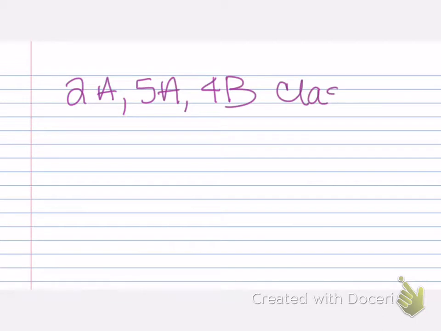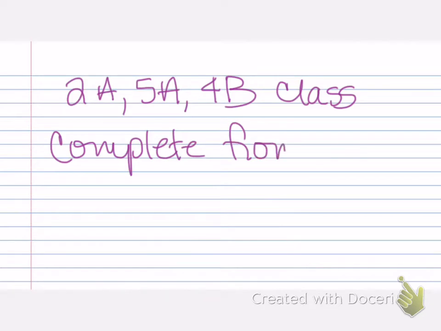Okay. If you're in my 2A, my 5A, or my 4B class, you should have received a packet when you finished your test. I want you to go back and watch this video again and complete the front page. And then begin working the problems.